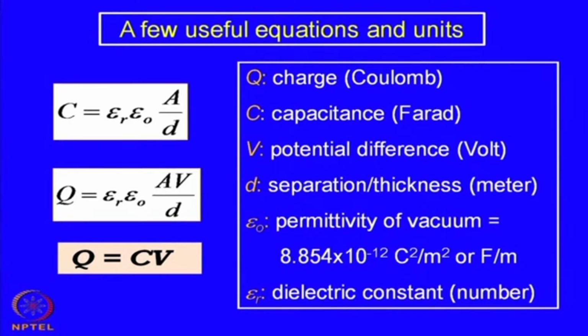Farad per meter is the more common unit used, and epsilon r, the dielectric constant, is a relative number and does not have any unit.